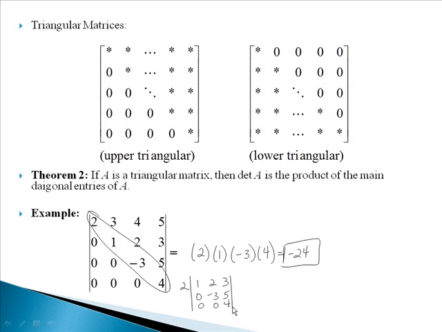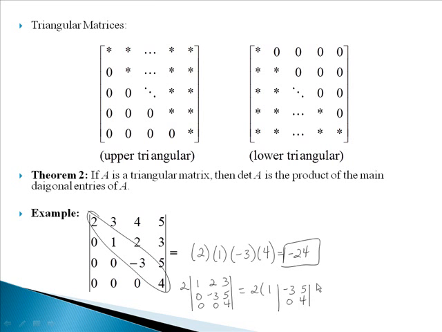And we saw in the previous example that I can ignore the rest of the entries in that column because they're zeros. So now I want to find the determinant of this 3 by 3. So I have 2, then times 1 times the determinant that I get when I eliminate that first row and first column, which is negative 3, 5, 0, 4.